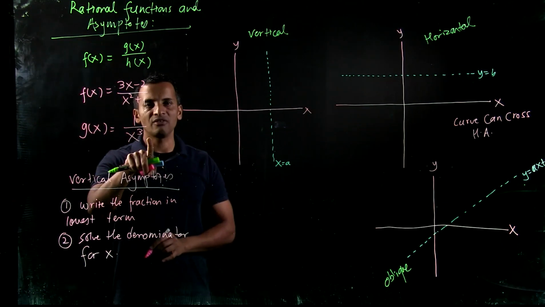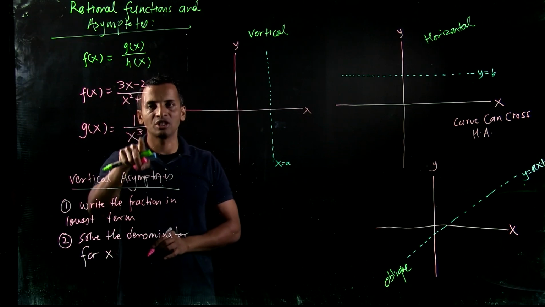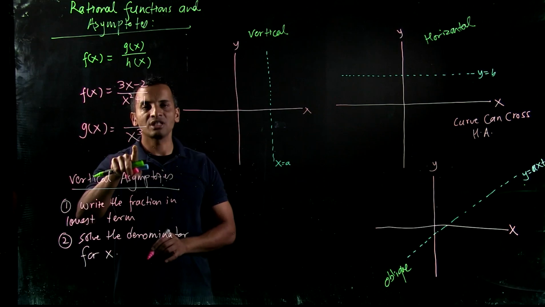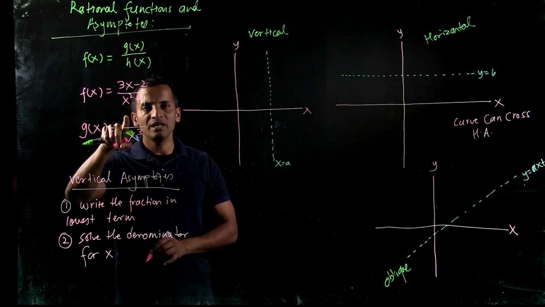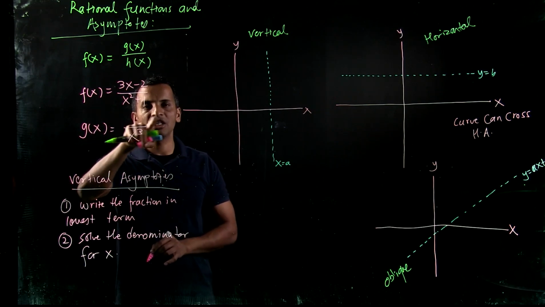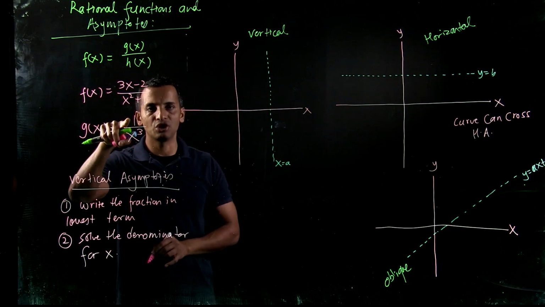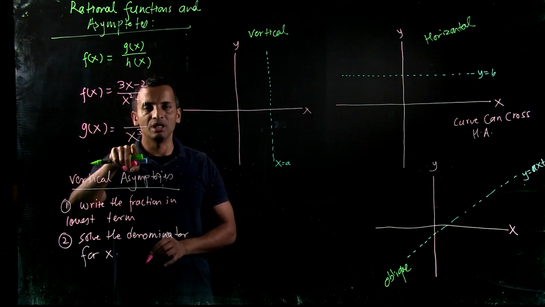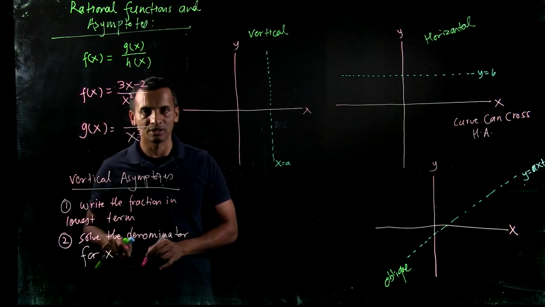This is also a rational function because the denominator is non-zero. The top degree is 0, because in 1 there is no x, so the degree of the numerator is 0 and the degree of the denominator is 3. So this is also a rational function.